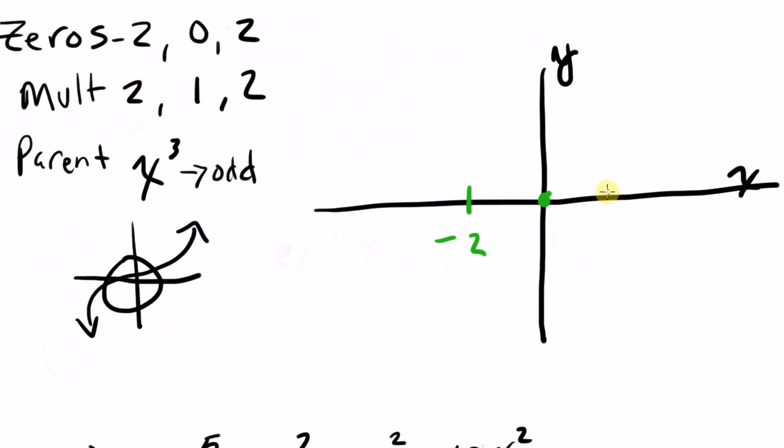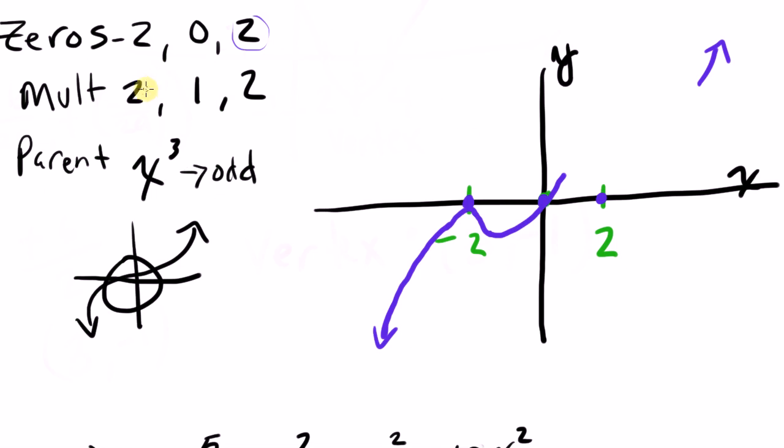And we'll grab a different color here. We know that it's going to look like this, so it's going to have to come in from here and exit through here. Let's put those zeros here. Okay, so it's going to come up to 2, and then looking at 2, it has a multiplicity of 2, so it's going to bounce off and come back down. How far down? I don't know. It's got to go through this point here, so it's got to come up and go through 0. And then I apologize.